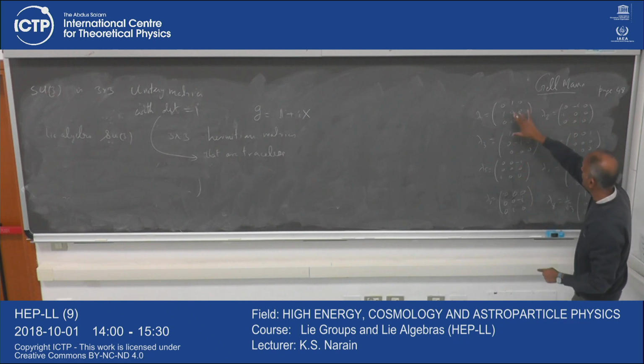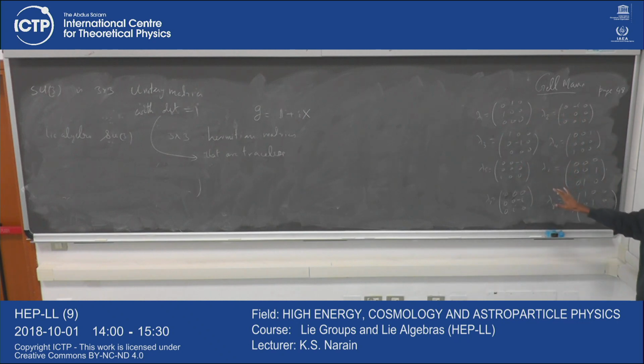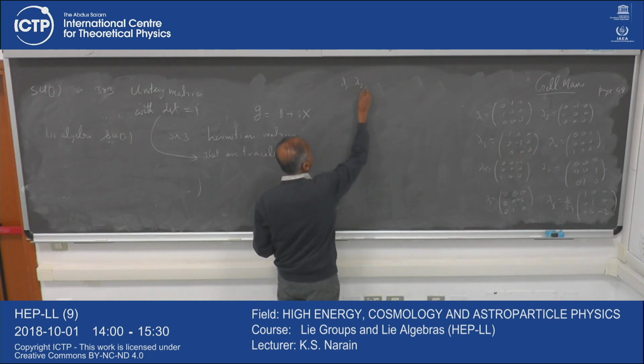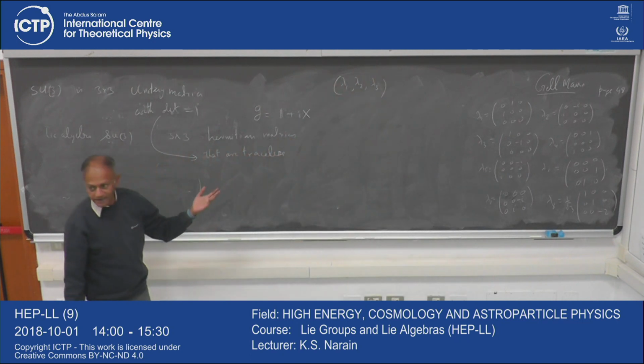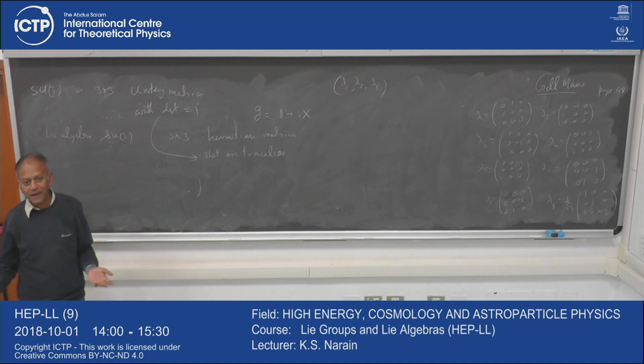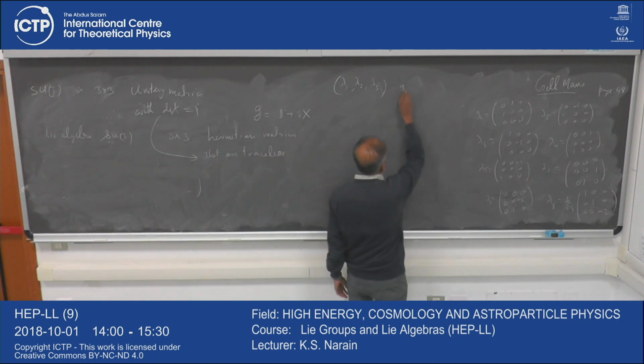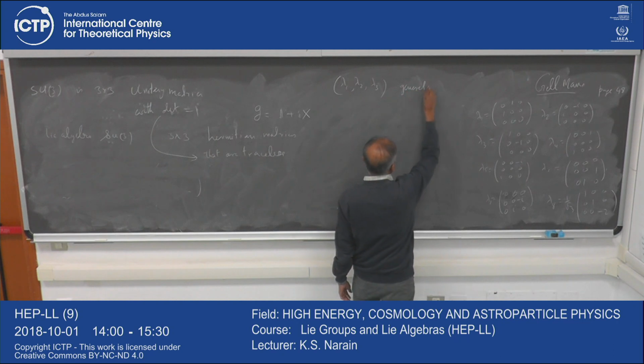It will never give you the other guys. This means that lambda 1, lambda 2, and lambda 3 generate a subalgebra, an SU2 subalgebra.